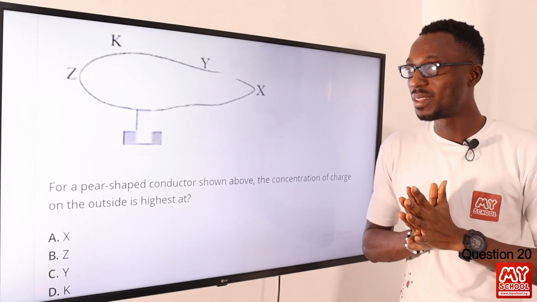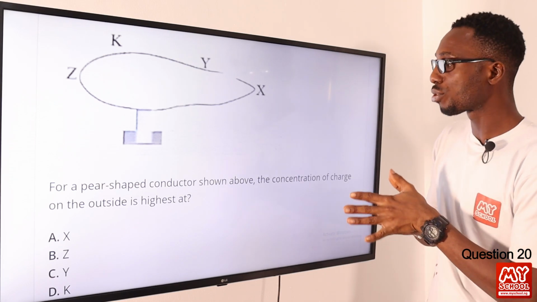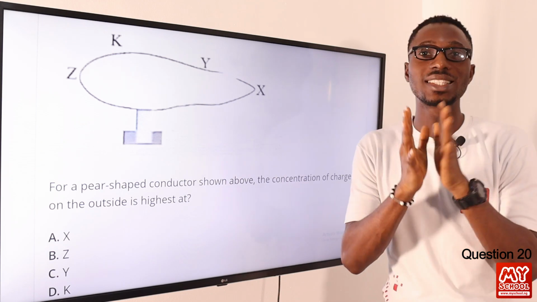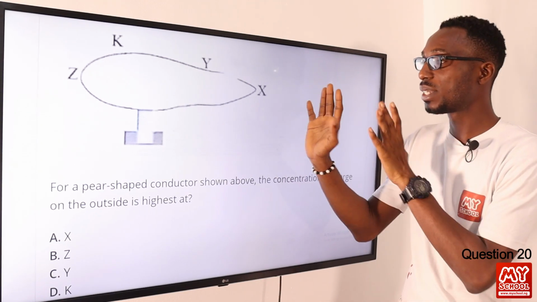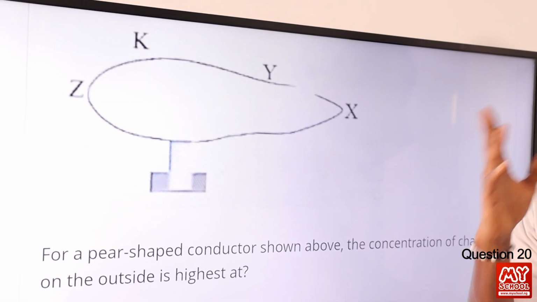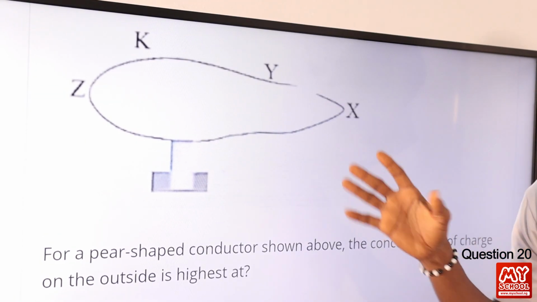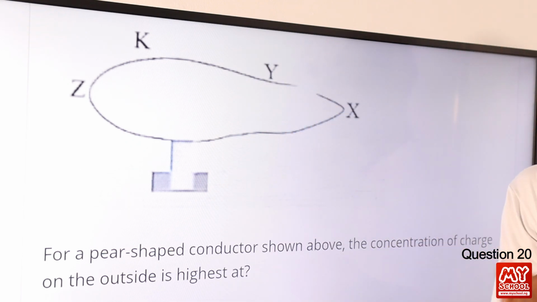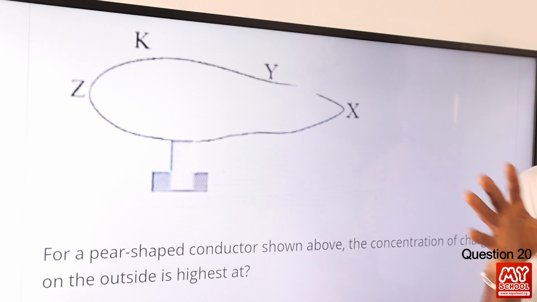Number 20. For a pear-shaped conductor shown above, the concentration of charge on the outside is highest at where? For this kind of pear shape, or maybe a spherical shape, in this concept the charges are not uniformly distributed, that is, they are not equal on that particular shape.